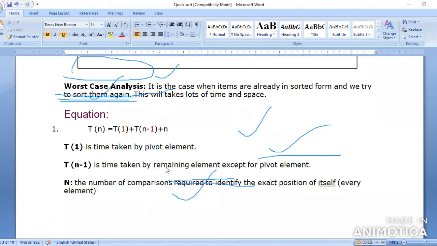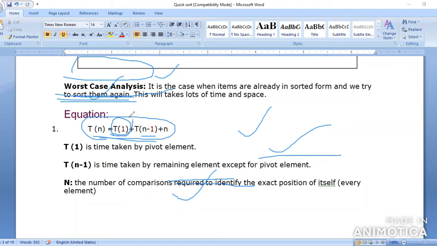Here I'm mentioning one thing: T(n) = T(n-1) + n. The 1 indicates the pivot element, and T(n-1) is taken for the remaining elements except the pivot element.